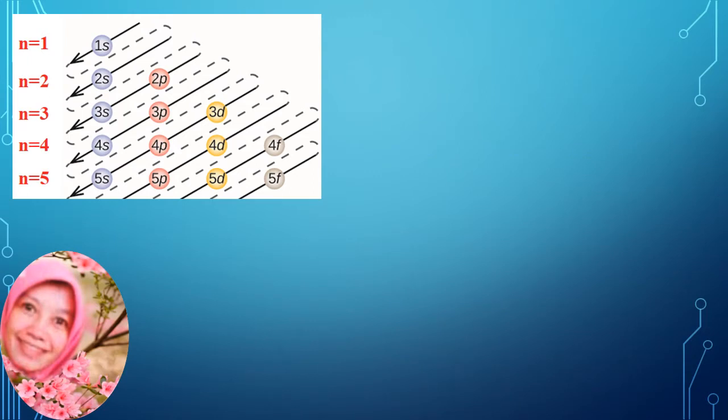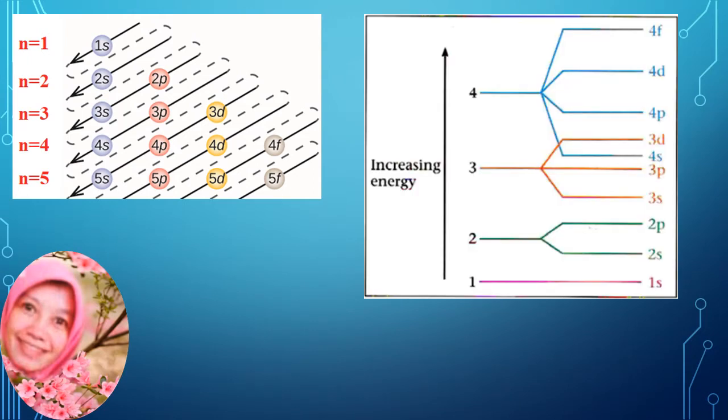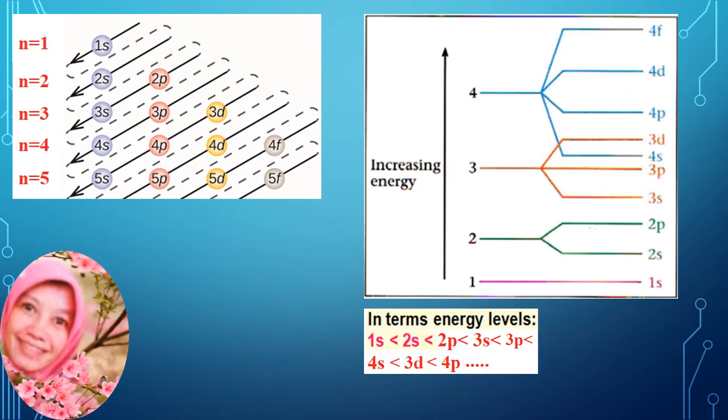So, based on that illustration, the relative energy levels of the orbitals are like this. In terms of energy levels, 1s is lower than 2s, lower than 2p, lower than 3s, lower than 3p, lower than 4s, lower than 3d, lower than 4p, and so on.